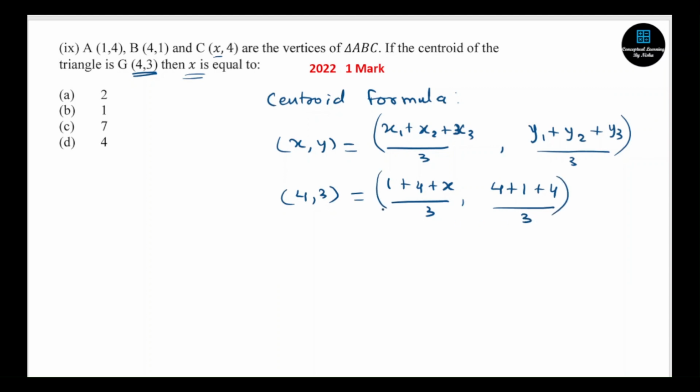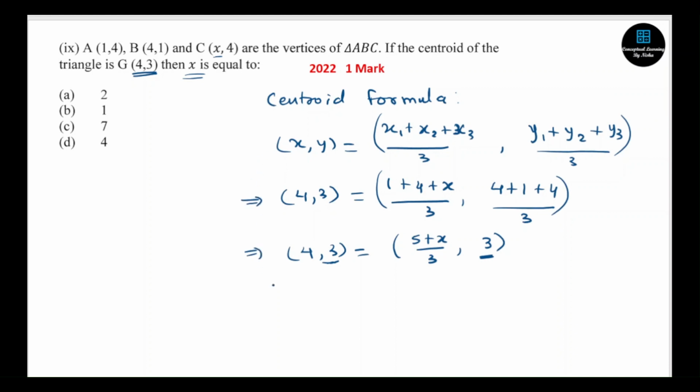And now when I solve them, what do we get? (4, 3) equals, this is (5 plus x) upon 3 and this is 5 plus 4 which is 9 upon 3, which is 3. So you should get the same, okay? Because we have to compare them, alright?